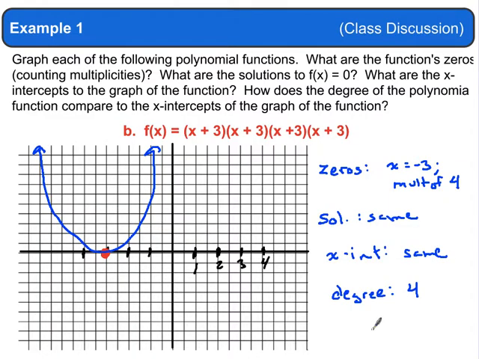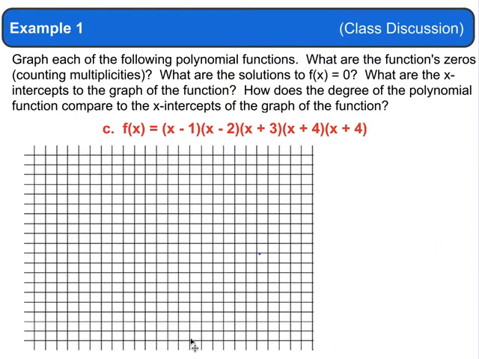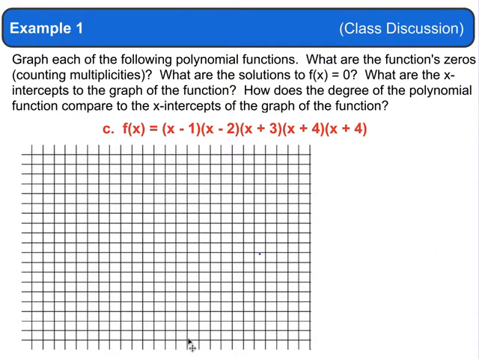Alright, let's look at our next graph. We've got one that looks like this. We'll slide this over. If we were to talk about our x-intercepts, or we'll just combine this, x-intercepts, solutions, and zeros, they all mean the same thing.